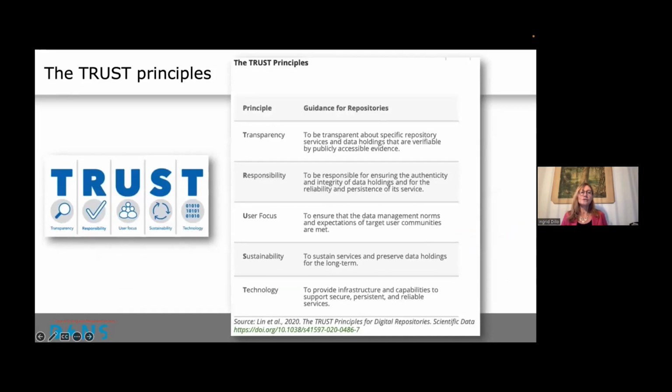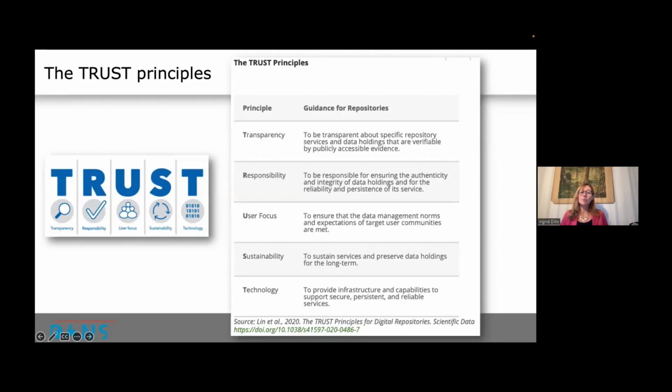And you see these principles here on the screen, standing for the letters of TRUST. The first one provides guidelines around transparency, organizational transparency and data transparency. And transparency is of course vital to trustworthiness. The guidelines deal with responsibility, that the repository is responsible for the authenticity and integrity of the data.